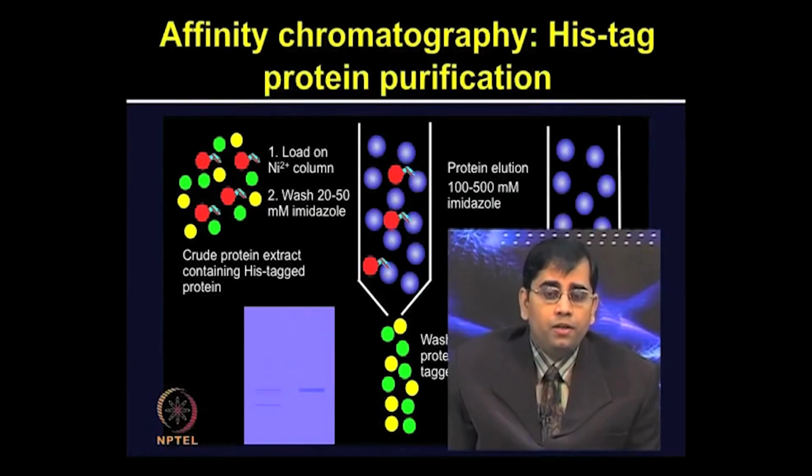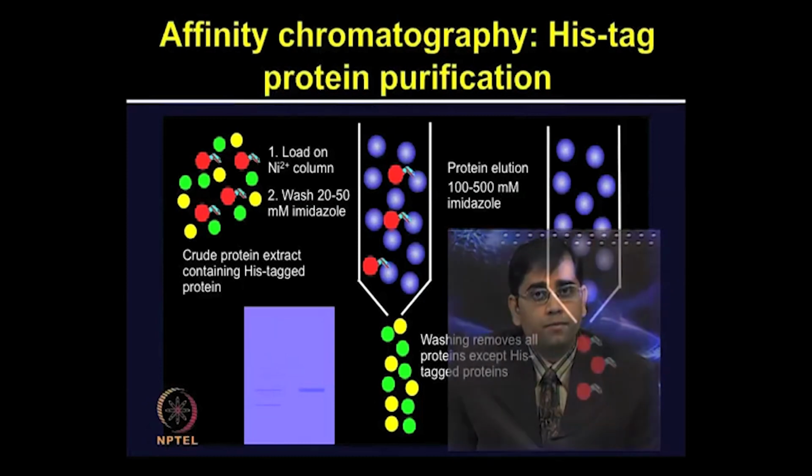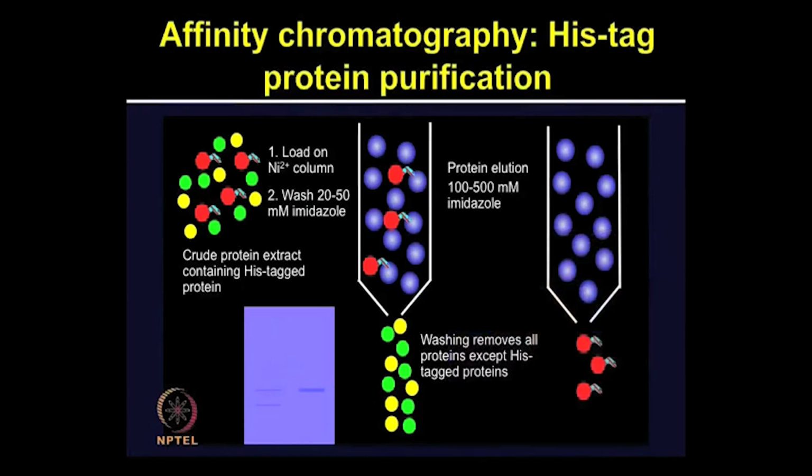Now, after washing with a mild imidazole concentration, such as 20 to 50 millimolar, unbound residues will come out, but by increasing the concentration, such as 100 to 500 millimolar of imidazole, the proteins can be eluted out.